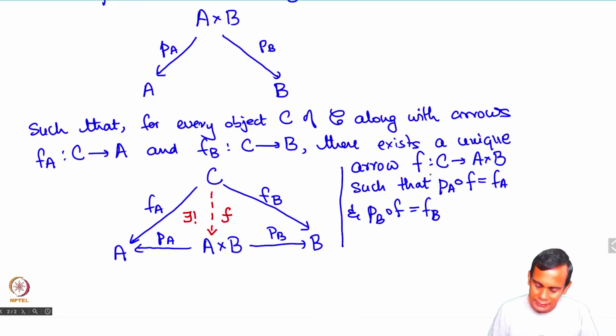And what we're saying is that both these arrows are equal. So P subscript A circle f is equal to f subscript A as arrows. This is an equality in arrows from C to A. And similarly, P subscript B circle f is equal to f subscript B.